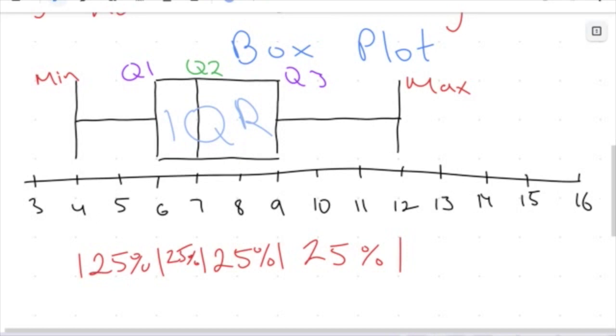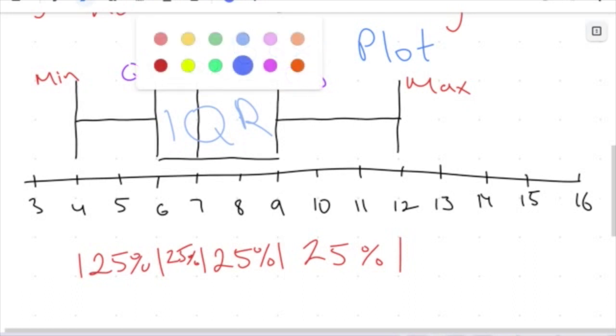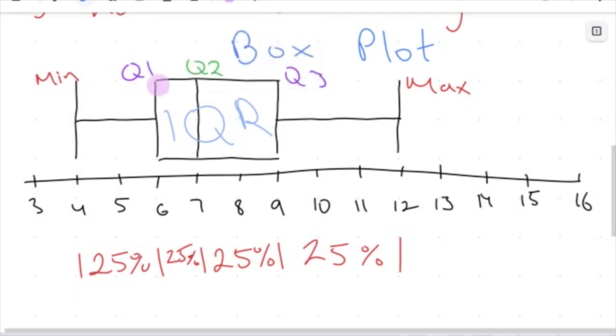Because our interquartile range is just the difference between my third quartile and my first one, my upper quartile and my lower quartile. So right in the center, the difference between those makes up this space here.